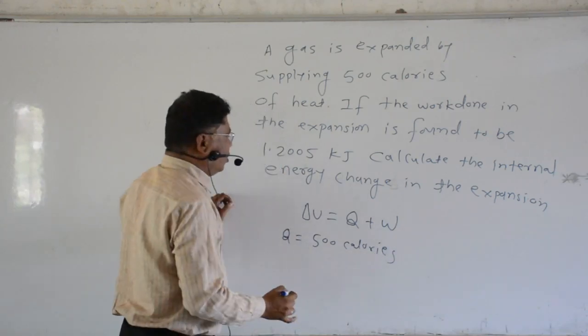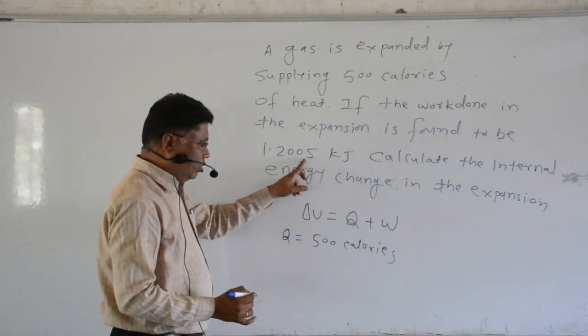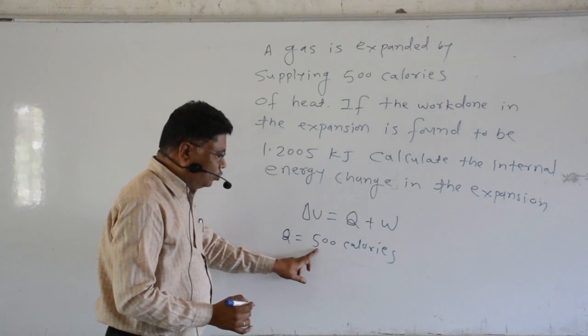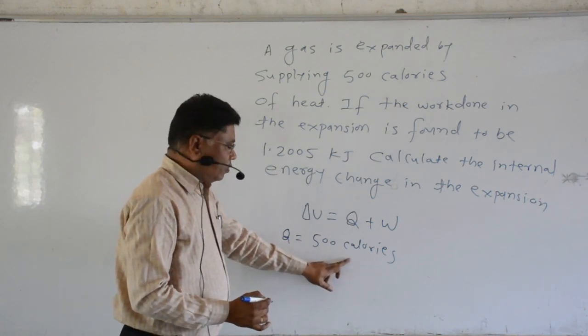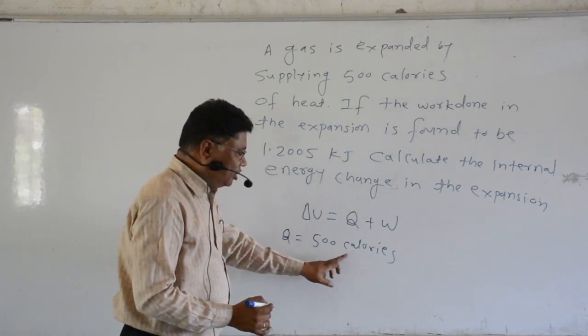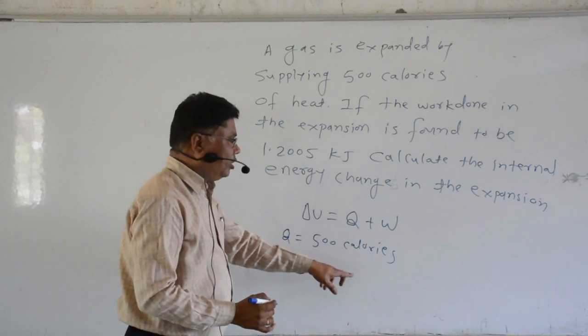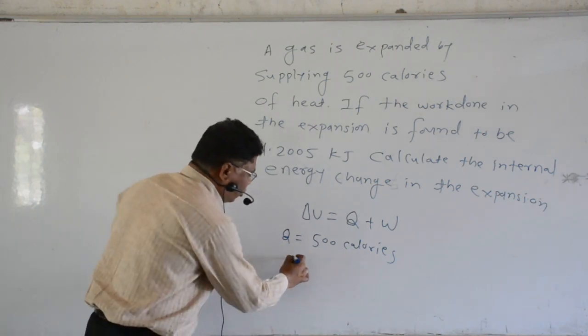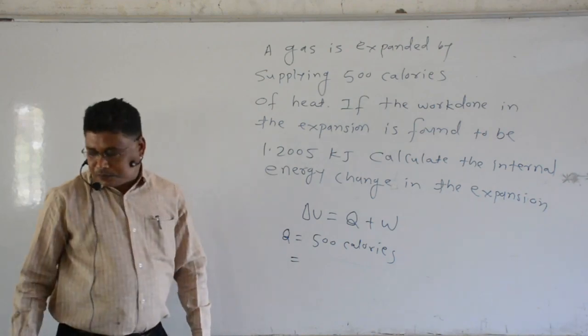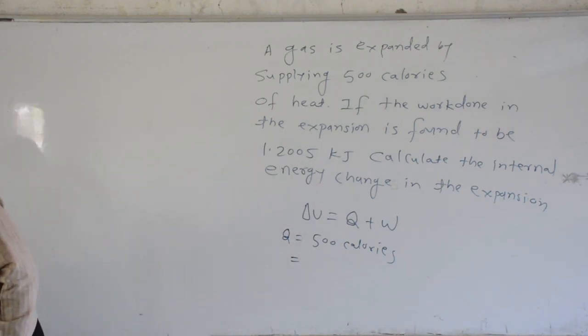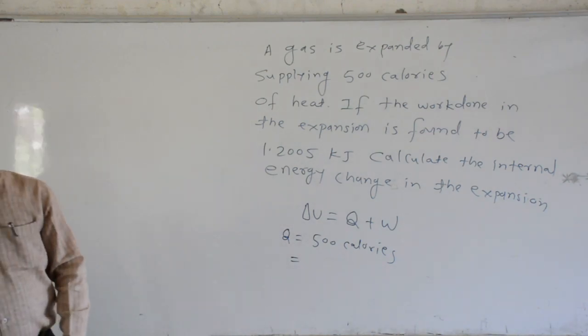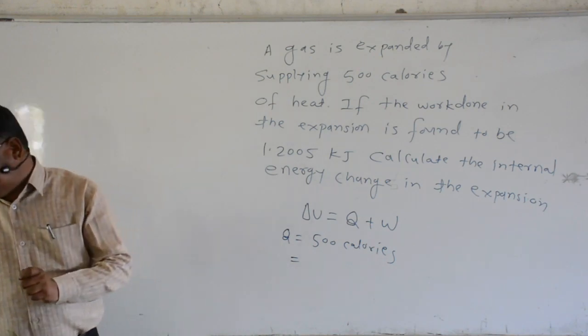And W is given in kilojoule. So we want to convert this value of Q, which is given in calories, into kilojoule. As you know, 1 calorie is equal to 4.184 joule.